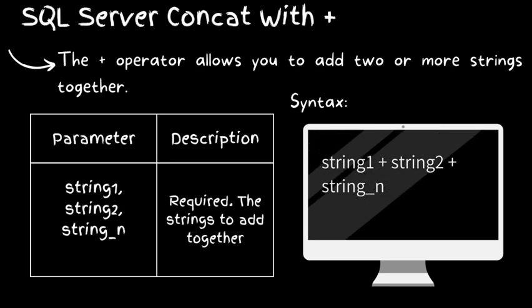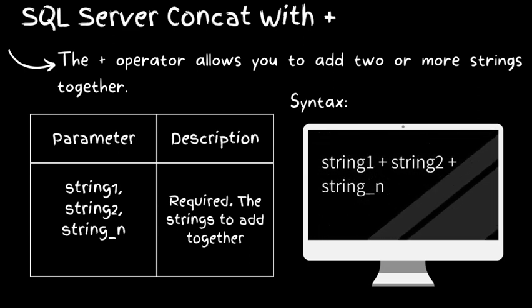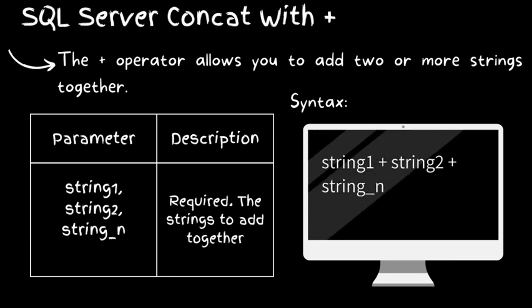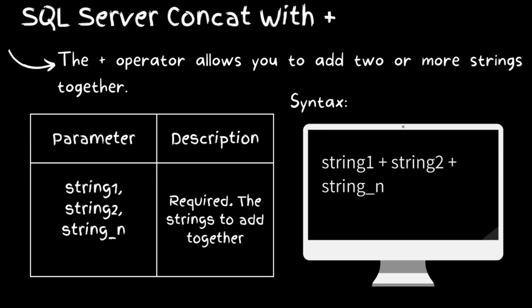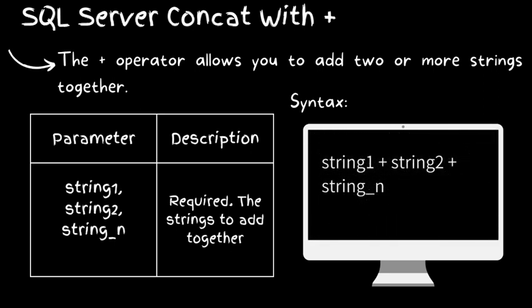Concat with plus function. The plus operator allows you to add two or more strings together. The parameters are string 1, string 2, and string n. The description is the strings to add together. The syntax is string 1 plus string 2 plus string n.